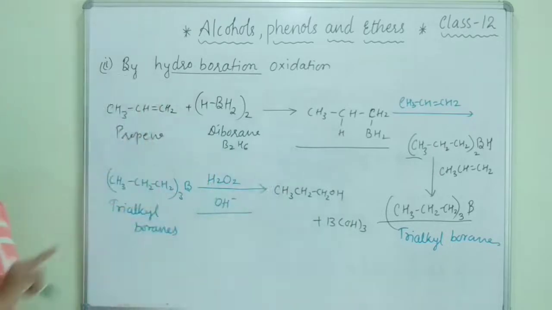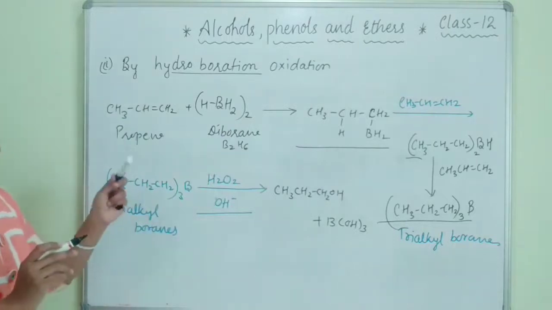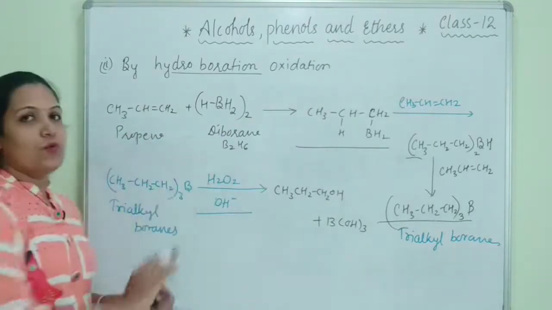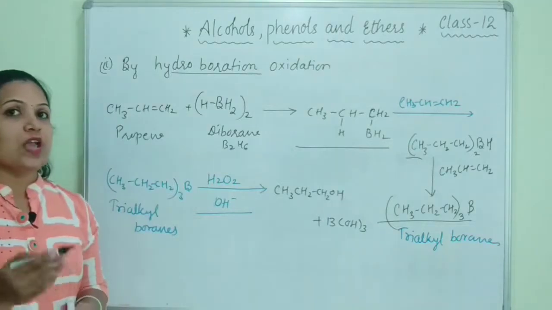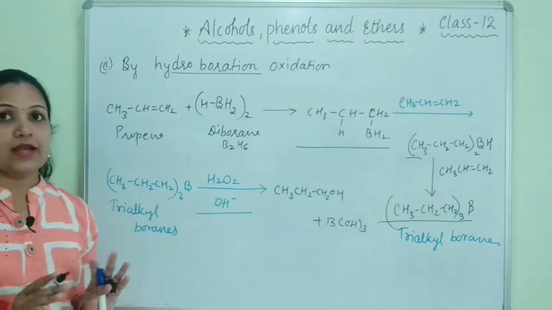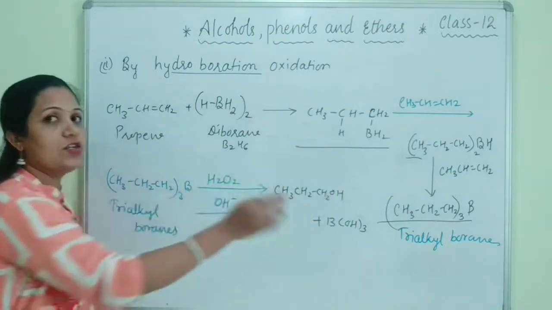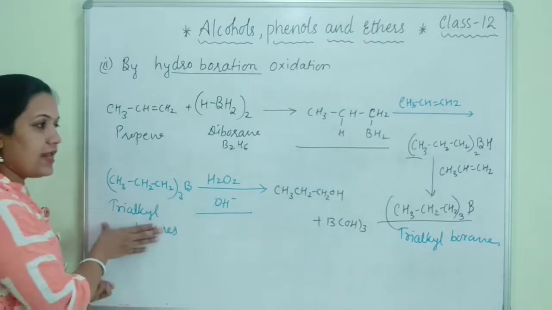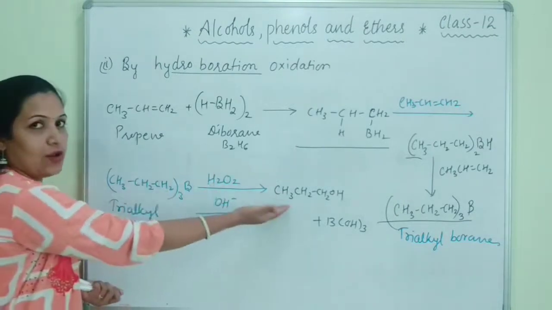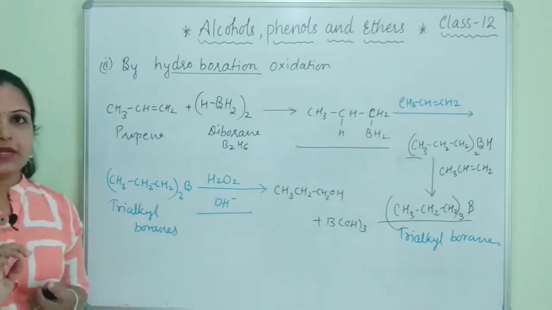So this is one of the preparations in which we can observe how we can prepare alcohol from diborane. And the previous one which we have studied is the most important. This is also important, I am not saying that it is not, but this question they'll give directly, rather than doing all the conversions, you can go directly from trialkyl borane to alcohol in the presence of H2O2 and alkaline medium.